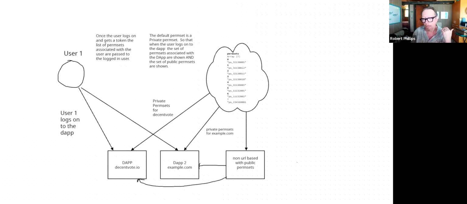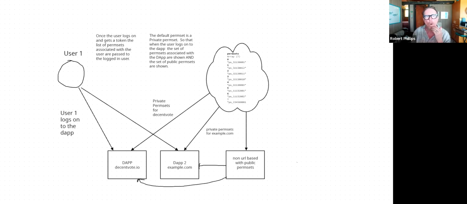You can have hundreds of D-apps that are associated with the user, and that user can use this logon methodology to access all of those particular D-apps, right? So I'm going to set one up here pretty soon. I've already got one set up for Decent Vote. I'm going to set one up for Grokism. I'm going to set one up for some other organizations that I'm actually working with very soon, right?